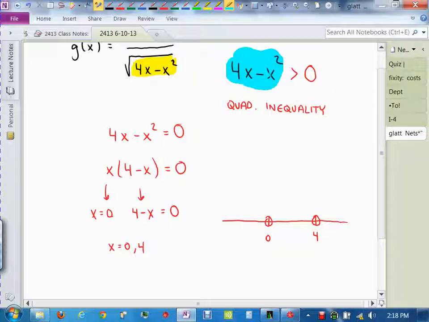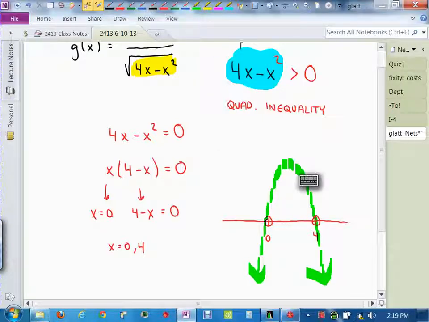Because it's x squared. Which way does that parabola open? Down. Why down? Because I have a negative in front of the x squared. So this is a parabola that opens down, doesn't it? Further, I know that it hits the x-axis where? 0 and 4. So if I came in here right now, let me do this in green. I could actually tell you that my parabola looks like this, doesn't it?